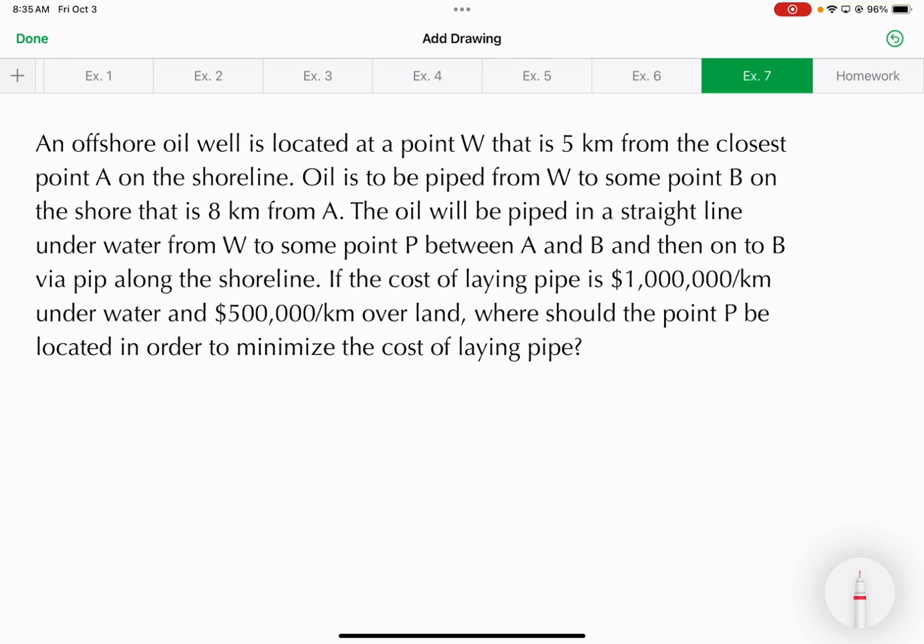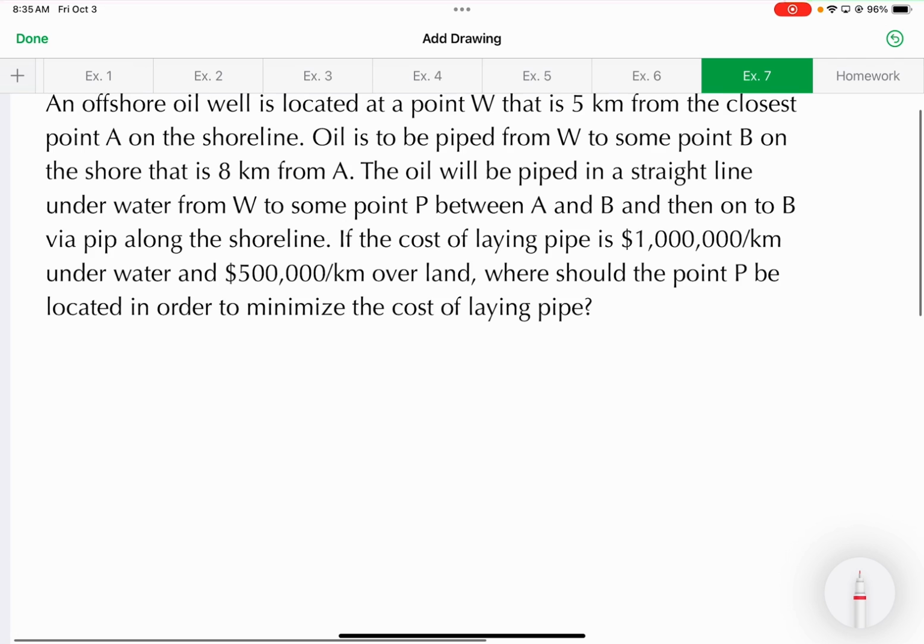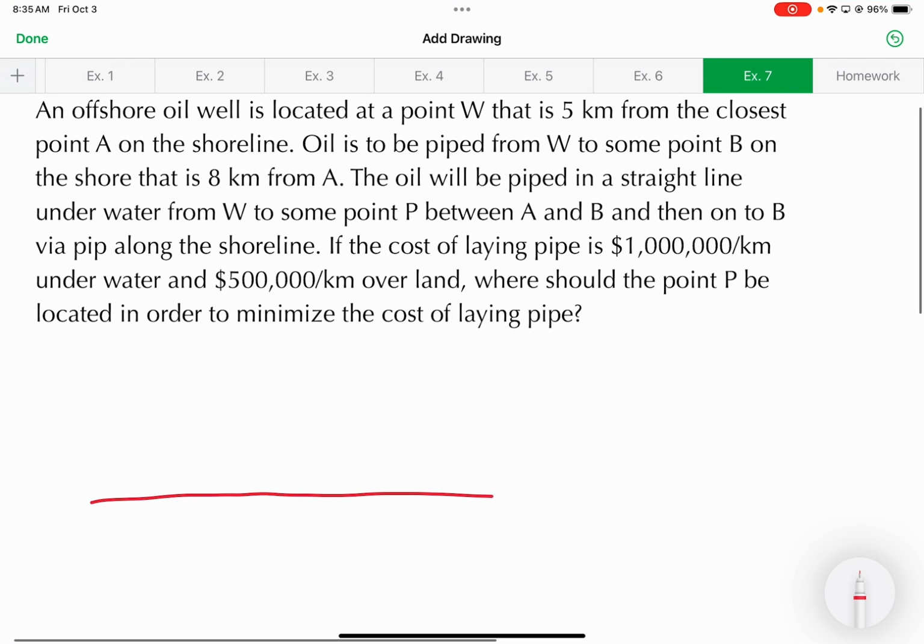I mean, we've got to make a diagram. That's it. Okay. So an offshore well is located at a point W that is 5 kilometers from a point A on the shoreline. Let's start there. So A is on the shoreline, W is our well.